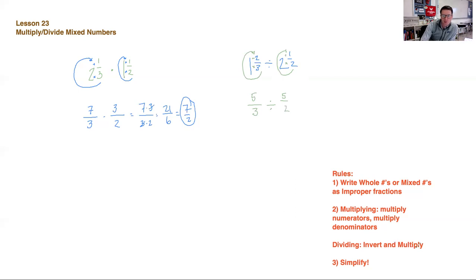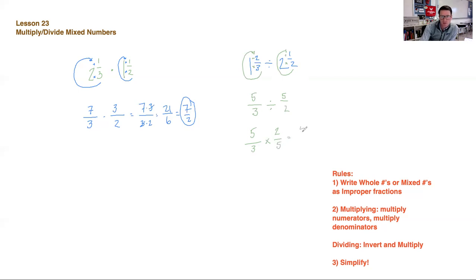When we're dividing, remember, invert and multiply or copy, switch, flip. So this is really going to be copy, 5/3 copied, switch times, flip, 2 over 5.